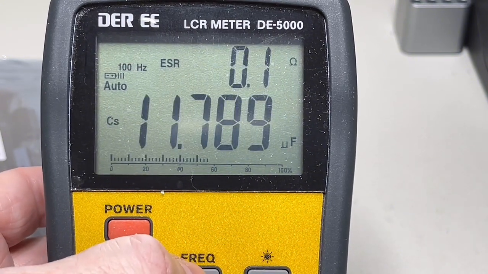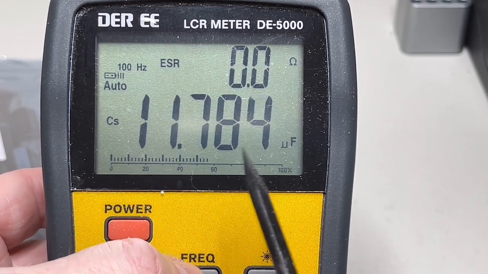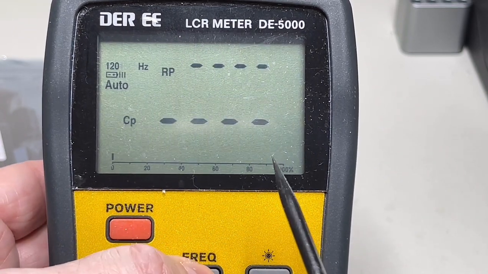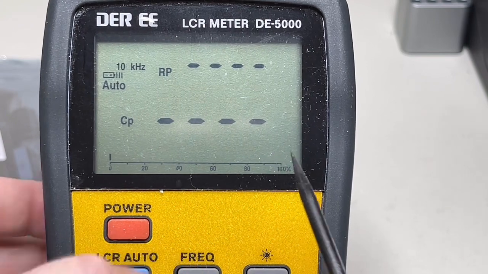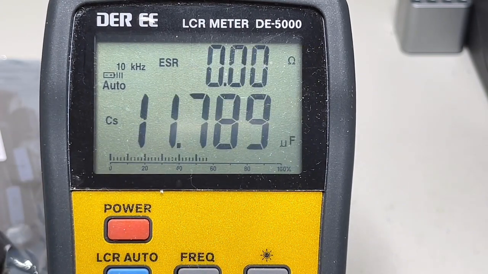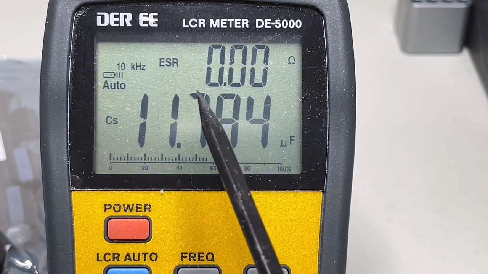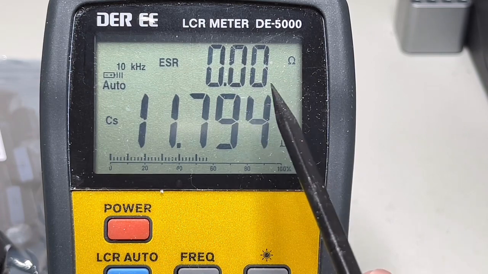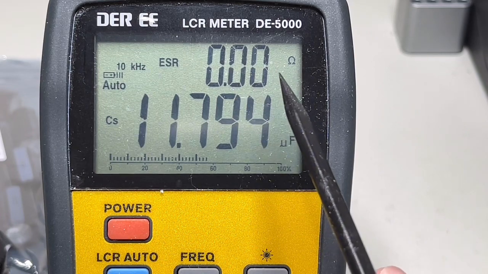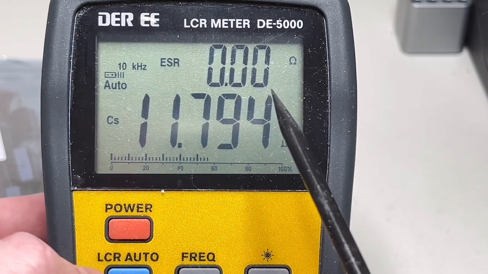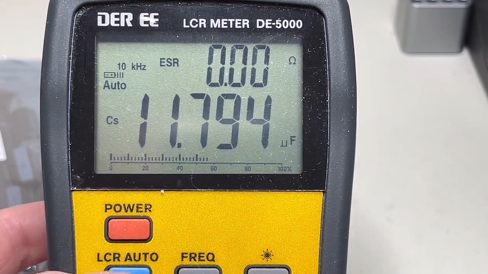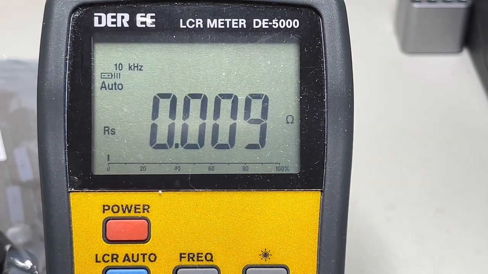Just for information, this is the capacity at 100 hertz, and let's go to 10 kilohertz again, because this is the normal frequency at which these capacitors will be tested. You see, it is under 10 milliohms. That means we have to leave this setting and go to the resistance setting.